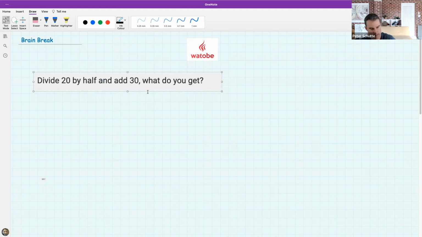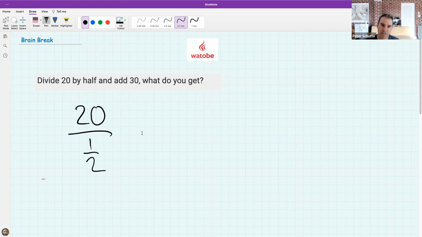What do you get? Keenus, love it. Rosaria, okay. So let's divide 20 by a half and add 30. Oh, Teddy is in on it, okay.